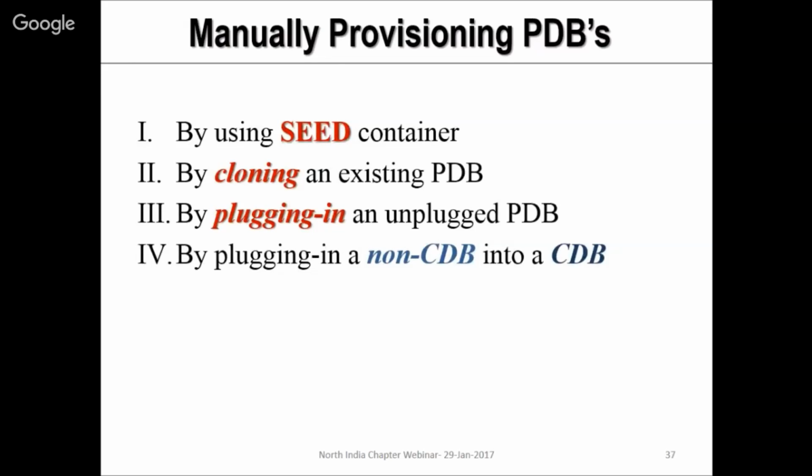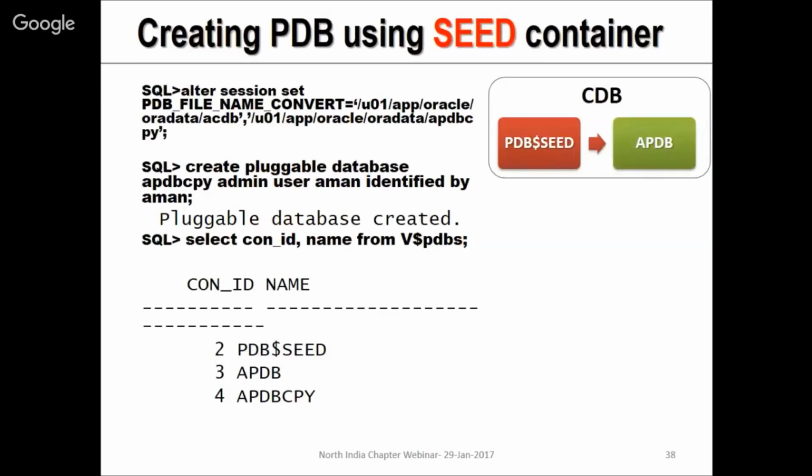For example, we can use the seed container to create a PDB. So you can see in this example, we are creating a new PDB with the name APDB_CPY, which is going to be a copy of the previous pluggable, and we're creating a user for managing it explicitly called Aman.